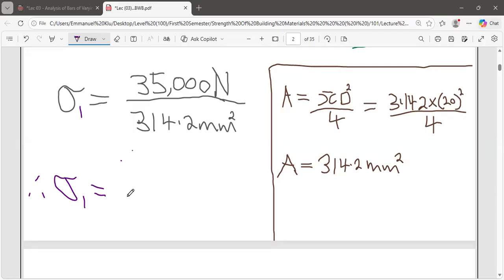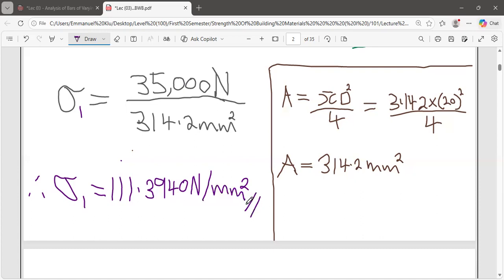That is 35,000 over 314.2, and you realize that you are going to get 111.3940 Newton per millimeter squared.